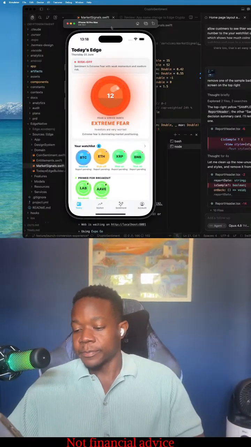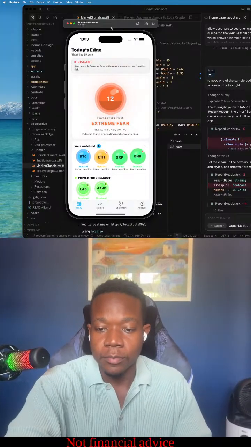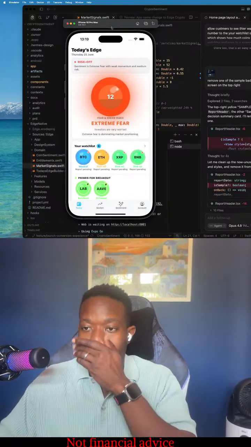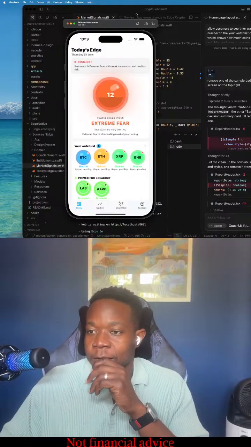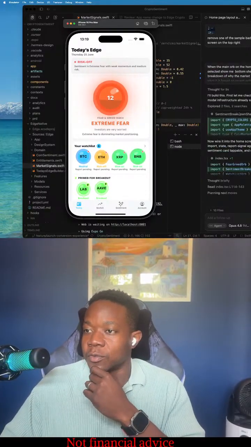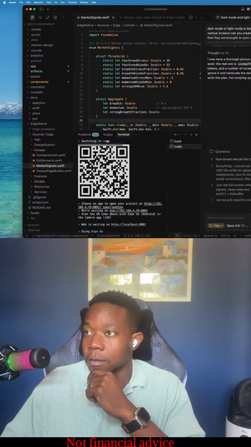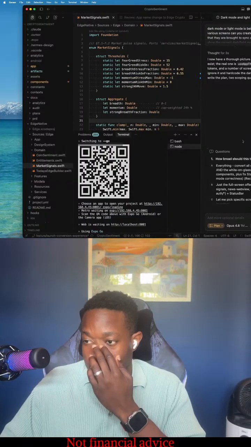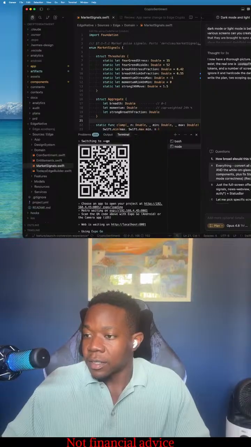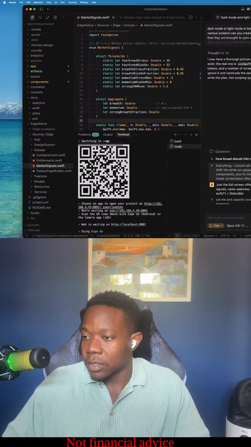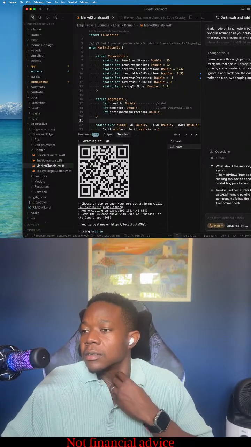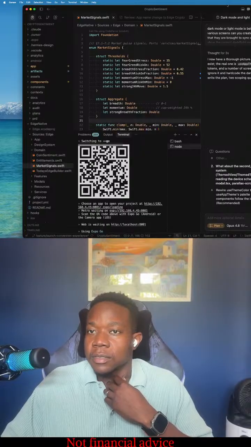Alrighty. So where we at? What did it do for me? Yeah, cool. This is done. How broad should the theme index be? Everything, all on theme screens. Status bar, yeah, definitely. What about the second legacy theme? Oh, you can't see.